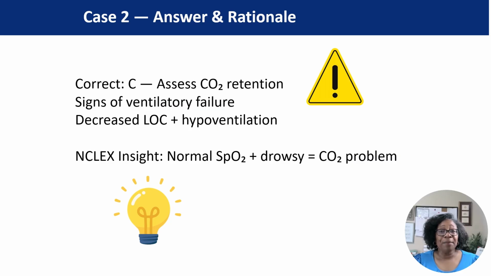Now remember, in the hypoxic drive video, when a person with COPD is given too much oxygen, like a non-rebreather mask, it's actually going to make the patient slow their breathing. In turn, they're going to hold in the CO2 that's being produced with those decreased respirations. So that's definitely not an answer.